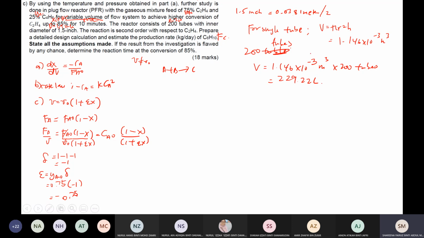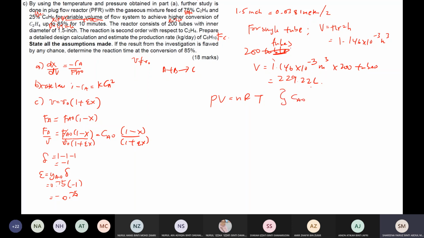So sekarang ni kita kena tahu what is CA0. Sebab CA0 dah berbeza, CT0 pun dah berbeza. So daripada situ you kena calculate lah. We have PV is equals to nRT. Daripada situ sebab apa kita kena start daripada sini? Sebab kita nak kira what is CA0.